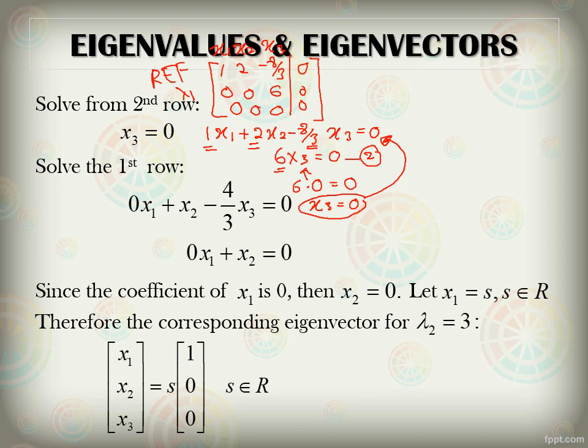Now look at our second REF for the second lambda. It is 0, 1, minus 4 over 3, 0, 0, 1, 0, 0, 0, and the rest are 0.